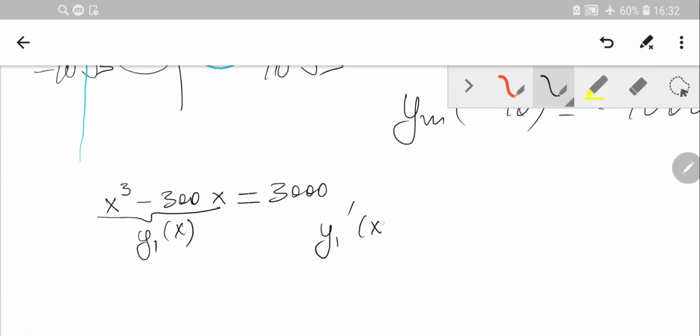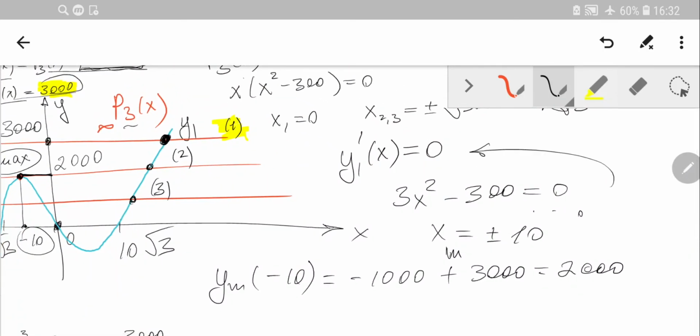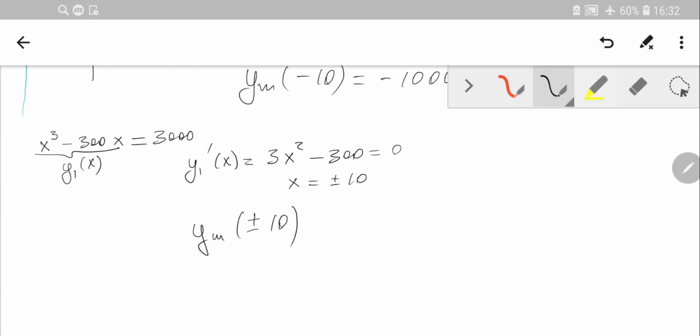y1 prime from x is just 3x squared minus 300, and we equate it to 0. So from here we figure out plus minus 10, that we recently found. Basically you repeat that step. And now what do you need to do? You simply need to check y max by plugging plus and minus 10 inside.